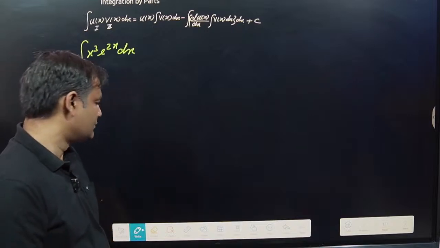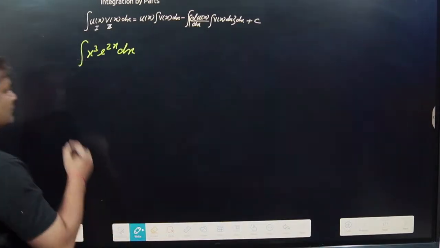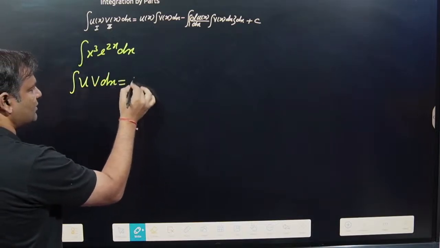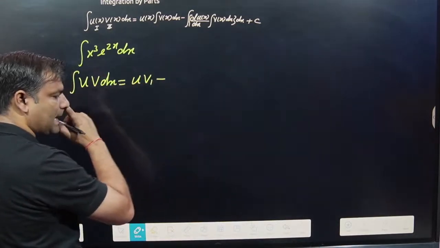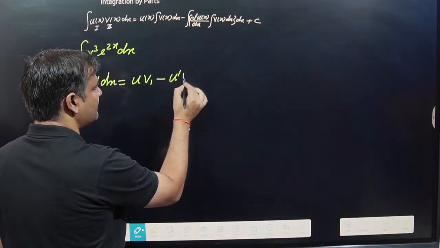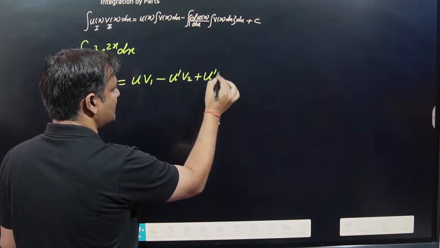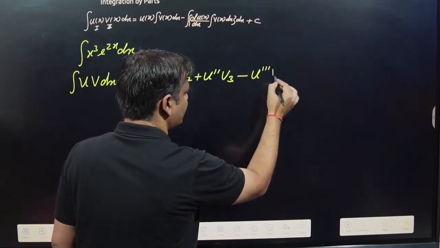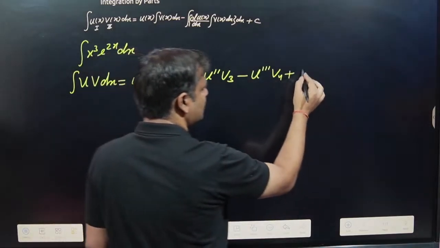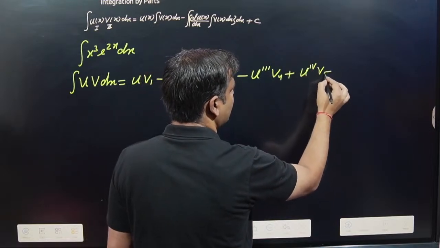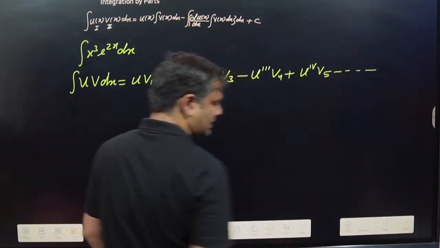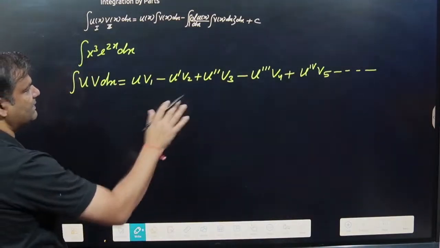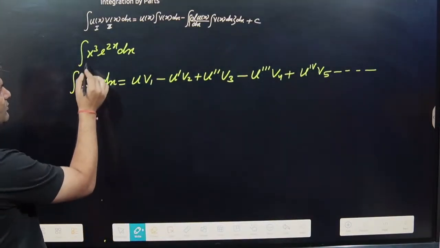So better to follow which method, u and v dx? u v1 minus u prime v2 plus u double prime v3 minus u triple prime v4, v5 and so on. Clear? I hope so clear.